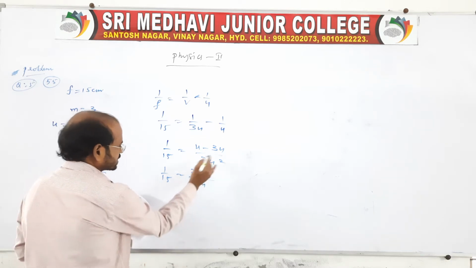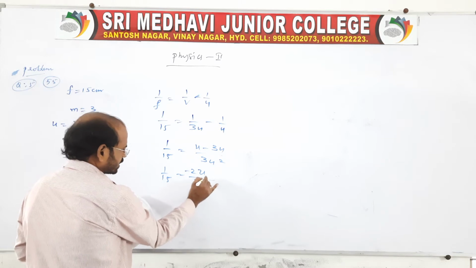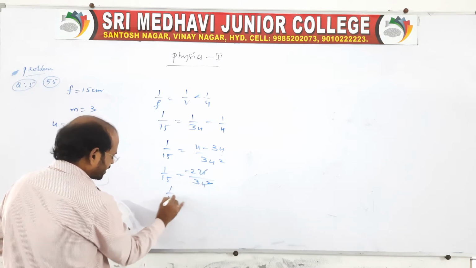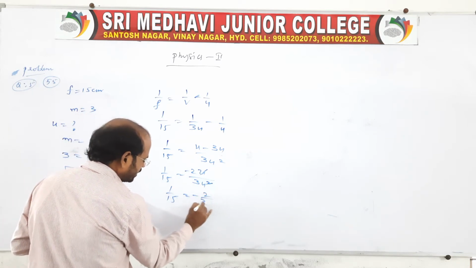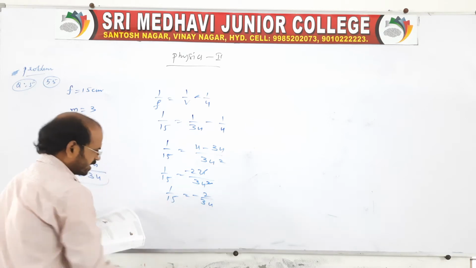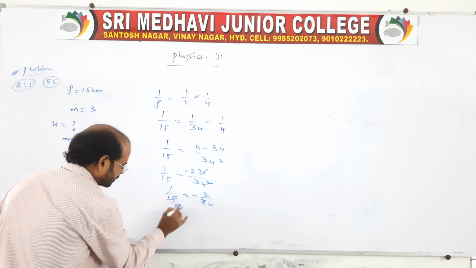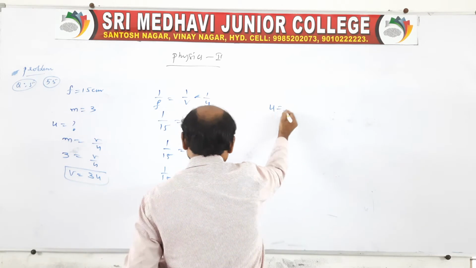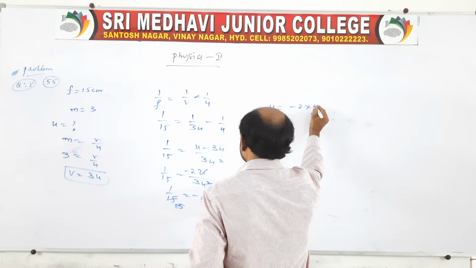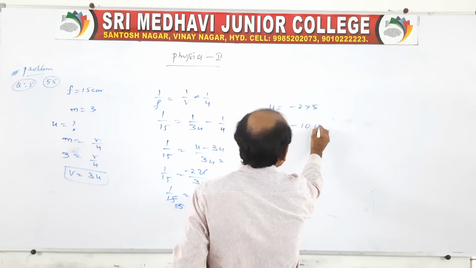The u square cancels, so 1 by 15 equals minus 2 by 3u. Three fives are 15, so u is equal to minus 2 into 5, u is equal to minus 10 centimeter.